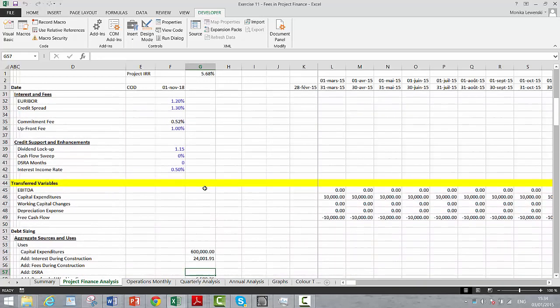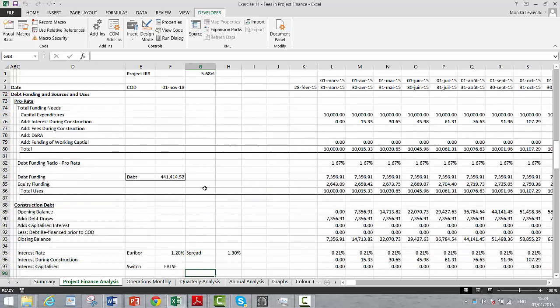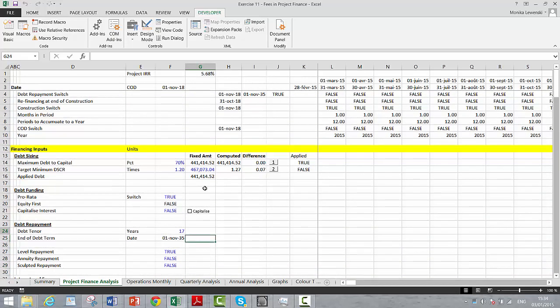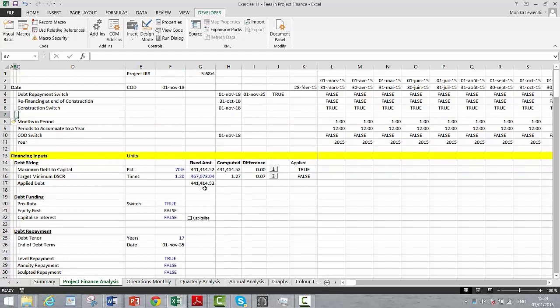So why don't we begin? Let's begin by just computing the fees themselves, and let's begin with the simple one, which is the upfront fee, because that's paid only once, but we need a switch for when we're upfront.